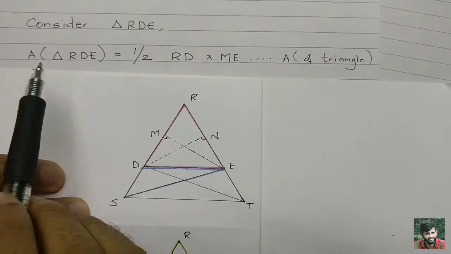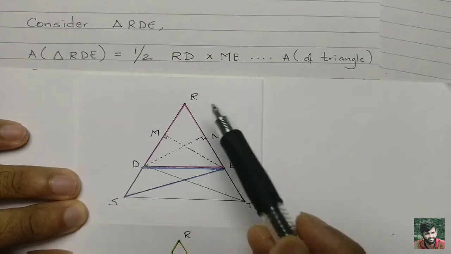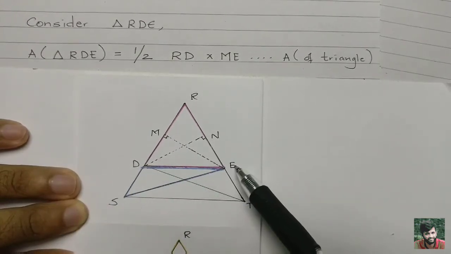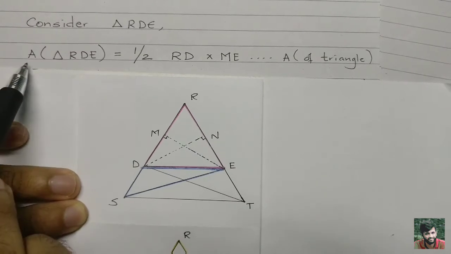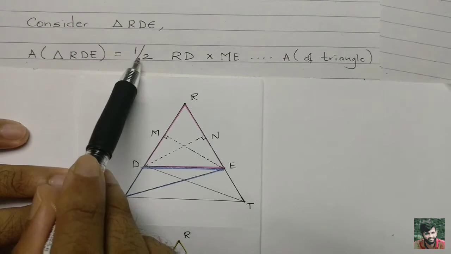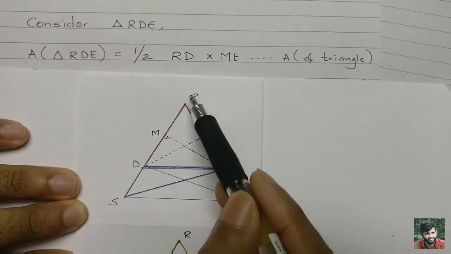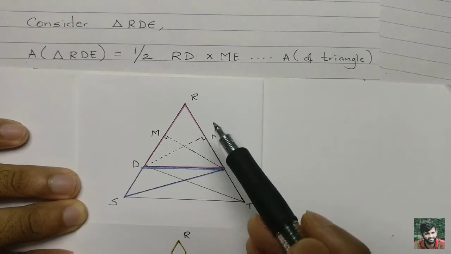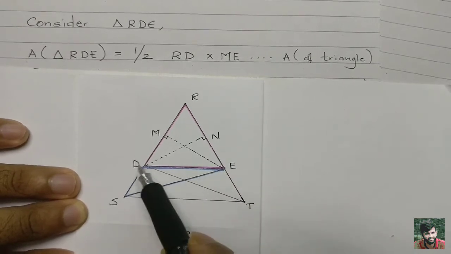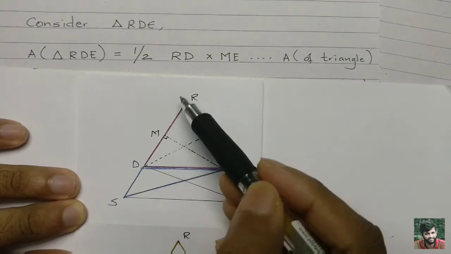Okay, so we have taken triangle RDE. The area of this triangle is given by half base into height. Now the base need not always be the one facing the ground, the base can be any side of a triangle.